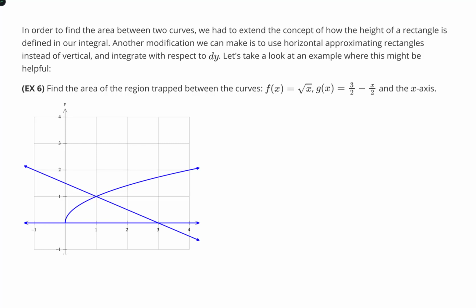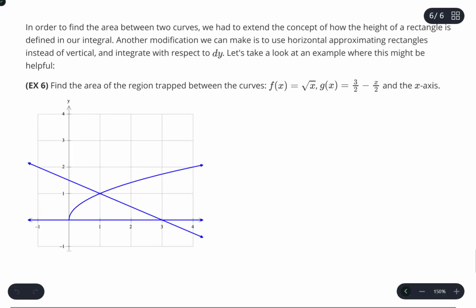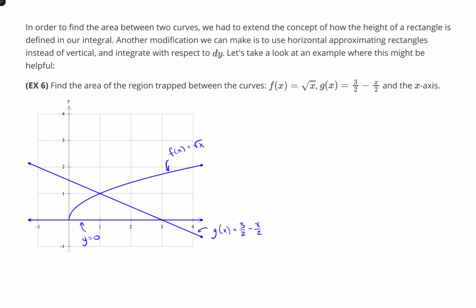I've already graphed those, and you can clearly see which one's which, because this one would be our square root, so that would be f of x. This one's linear, so that would be g of x. And finally, of course, our x-axis, which is y equals 0.